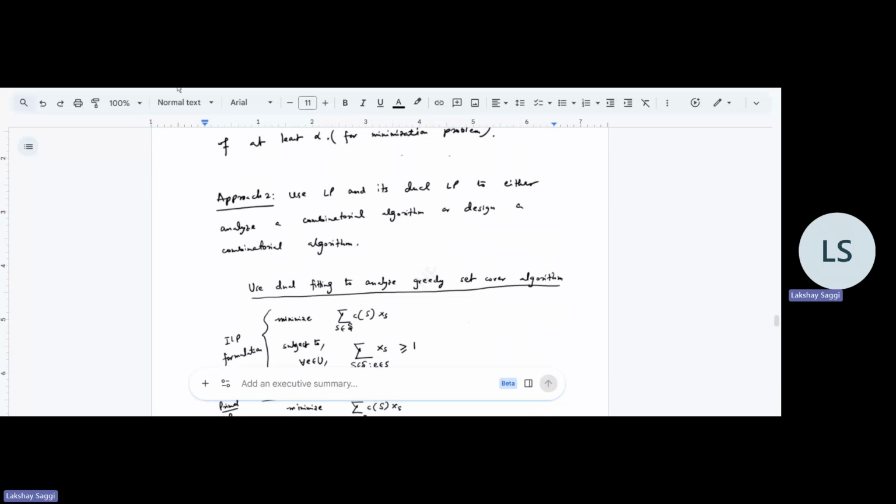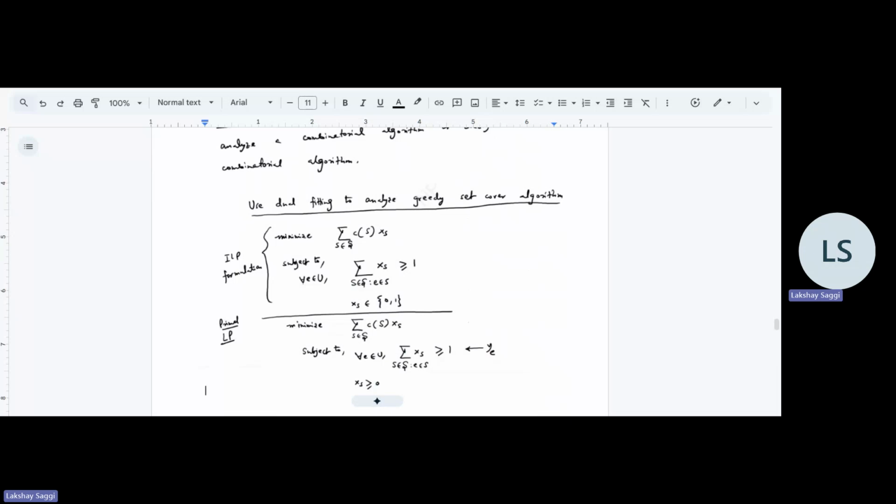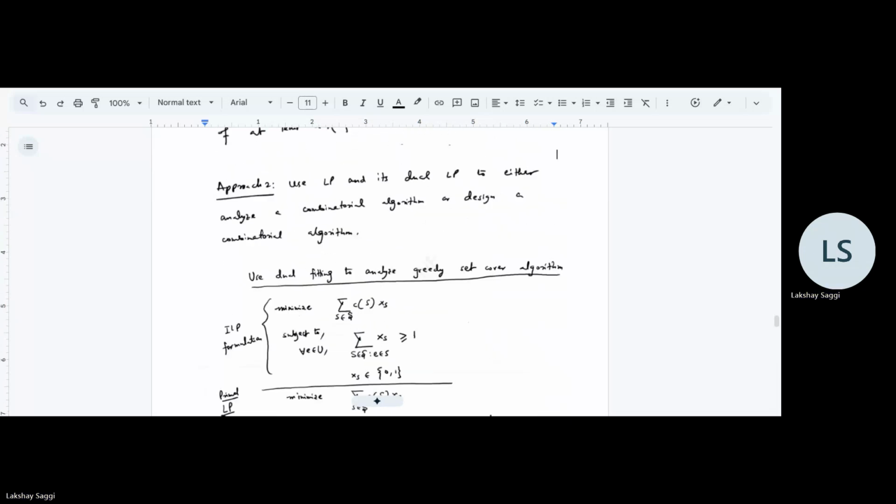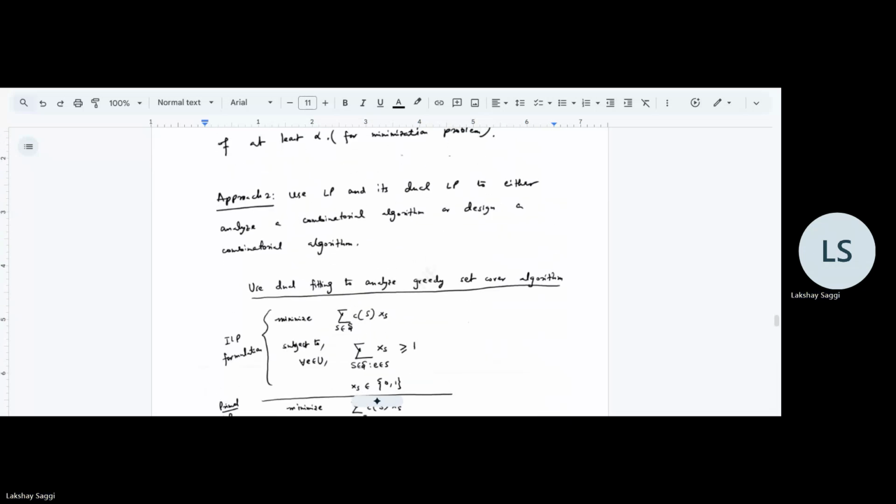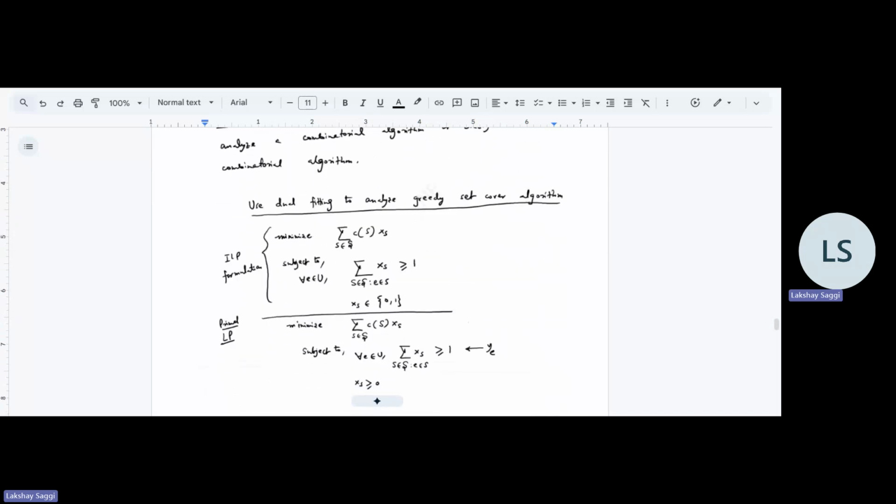And this was discussed in the lecture videos as well. So you may as well watch the lecture videos for thorough analysis. I won't be going over the thorough analysis for this. It was discussed in the lecture videos on how to use dual fitting to analyze the greedy set cover algorithm.